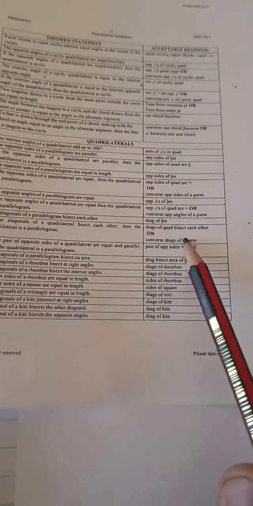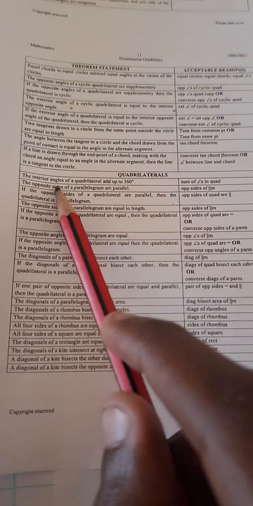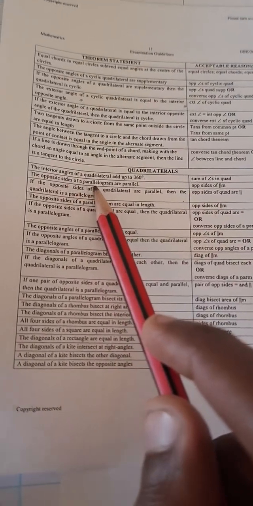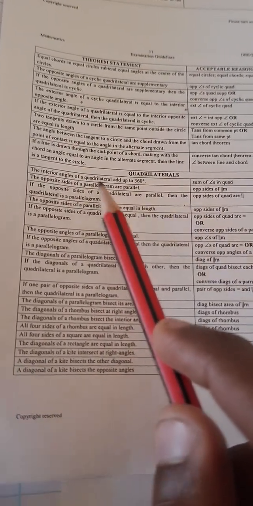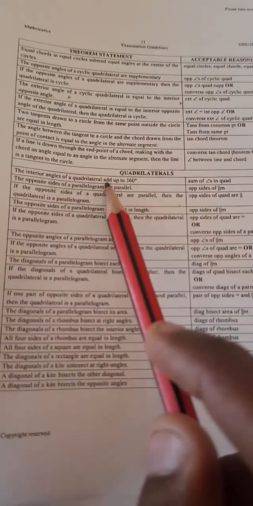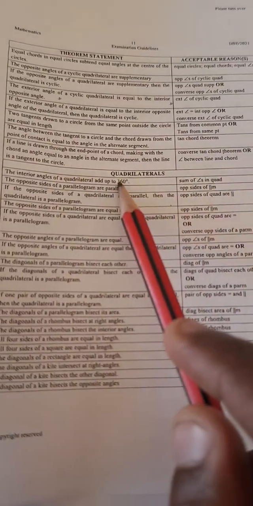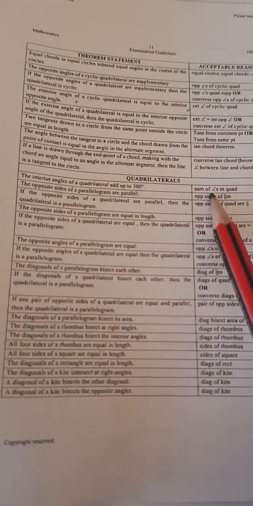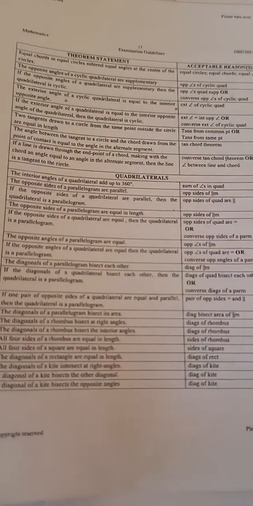Let me just show you, in your acceptable reasons document, some of the acceptable reasons used when using properties related to parallelograms. First, for quadrilaterals, we know interior angles of a quadrilateral add up to 360. Whenever we use it, we say sum of angles in quad.